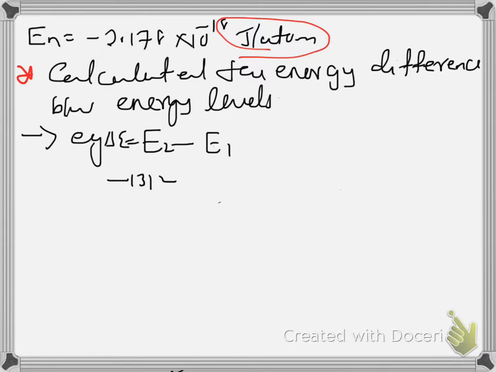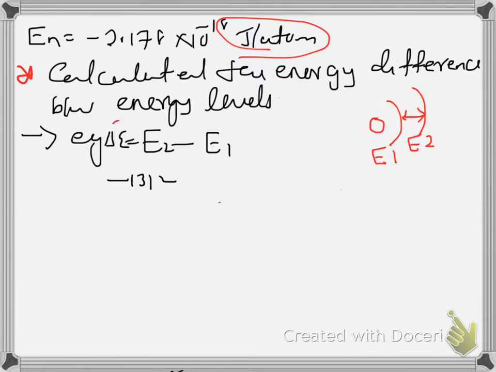And third, he successfully calculated the energy difference between two energy levels. Suppose we have a nucleus, first shell and second shell. We have to calculate the energy difference between the two. The energy of the first shell is called E1 and E2 for the second shell.